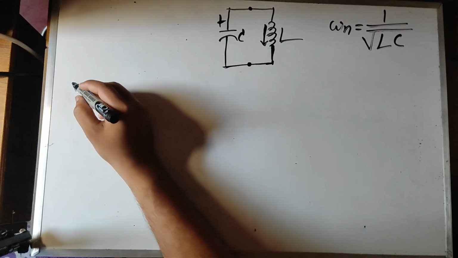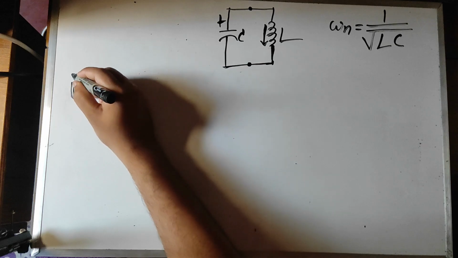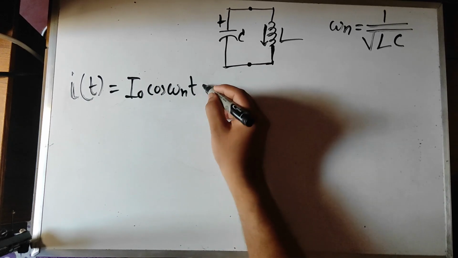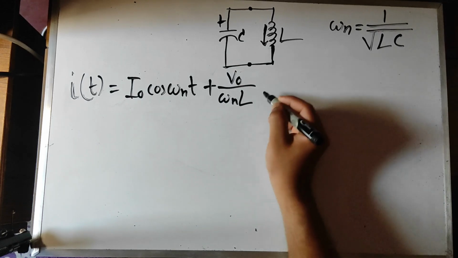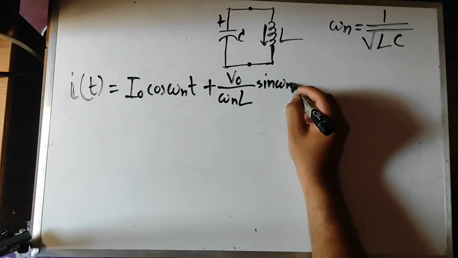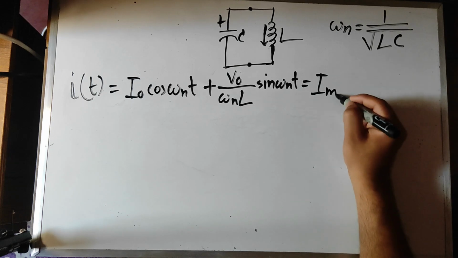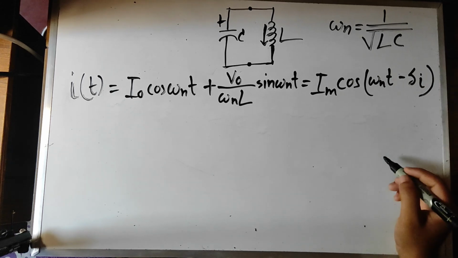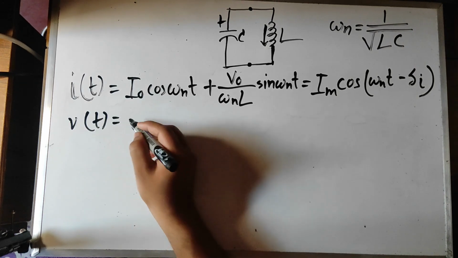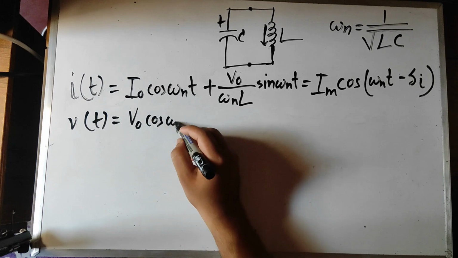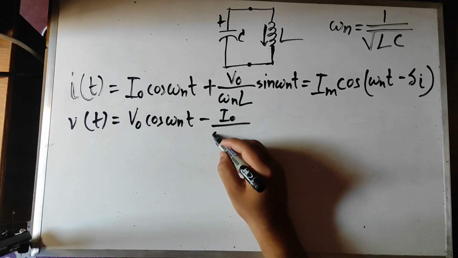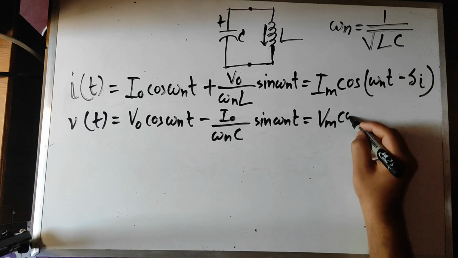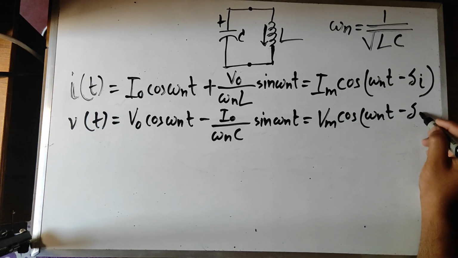For current, i(t) equals I0 cos omega n t plus V0 by omega n L sin omega n t equals Im cos omega n t minus delta I, and the voltage response is V0 cos omega n t minus I0 by omega n C sin omega n t equals Vm cos omega n t minus delta V.